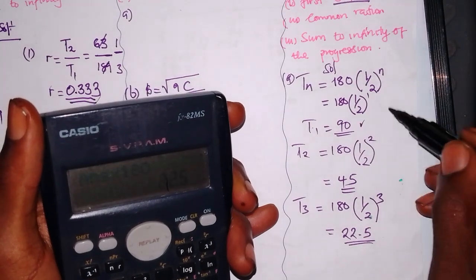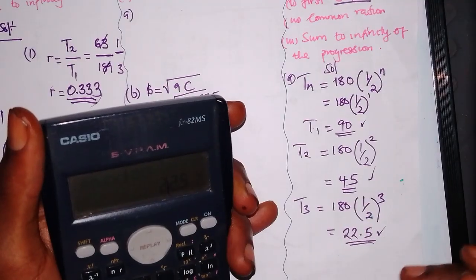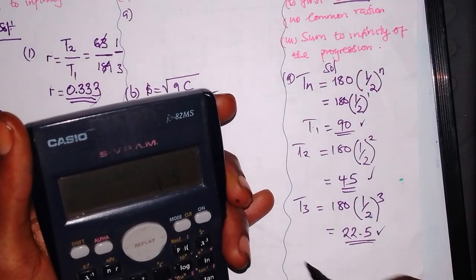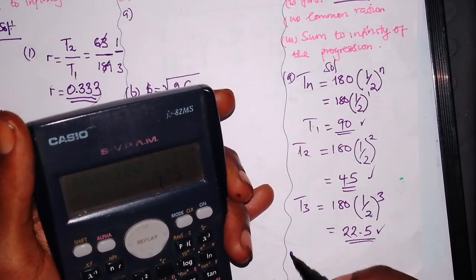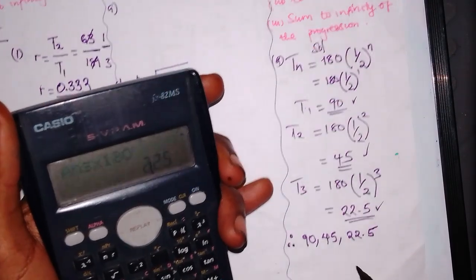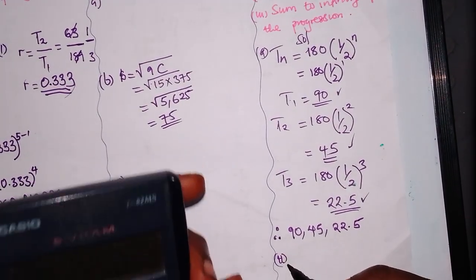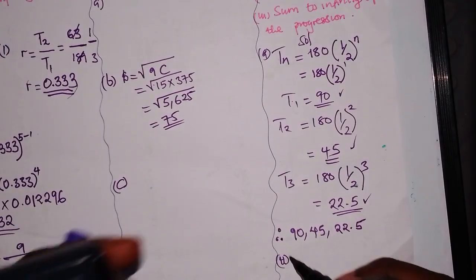So this is our first term, this is our second term, and this is our third term. So at the end you can say, therefore we have 90, 45, 22.5.